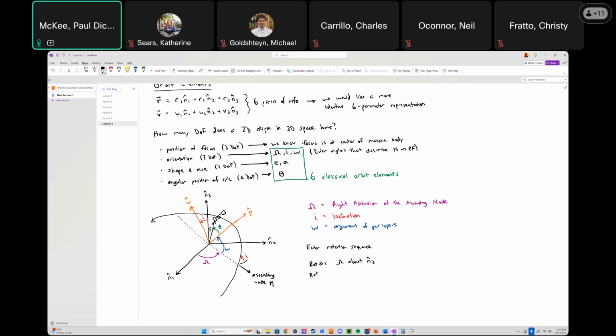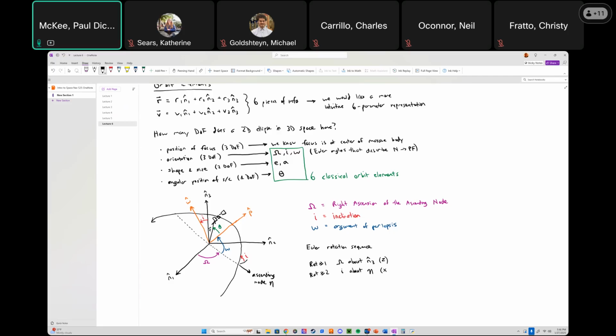And then the second rotation is inclination. But what are you rotating about? We're rotating about the ascending node. But the ascending node is what the N1 frame maps onto. So after you've rotated capital omega about N3, the ascending node is the new x direction temporarily, right? So you're rotating I about the x direction, which is the ascending node in this case. Okay. And you could think of this as a z rotation.